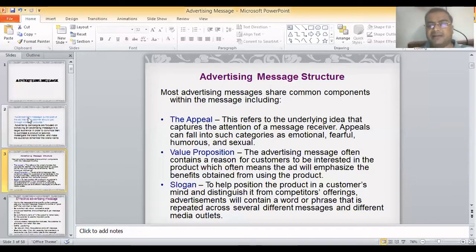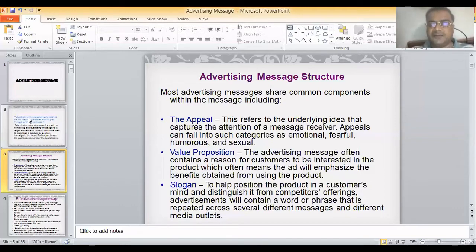Basically, the advertisement message more often than not contains a reason for the customers to be interested in the product. The advertisement message will emphasize the benefits obtained if you use that product.